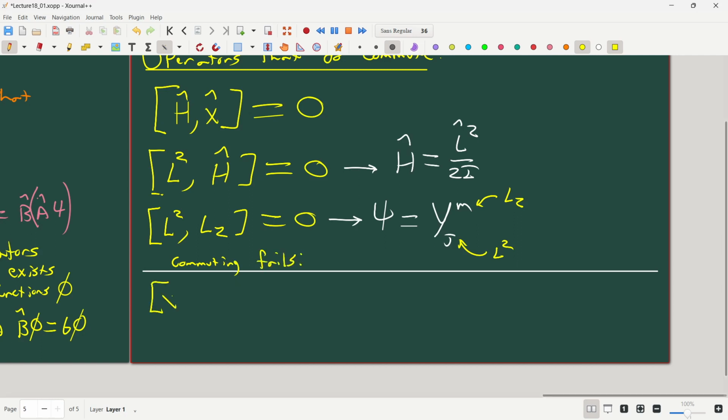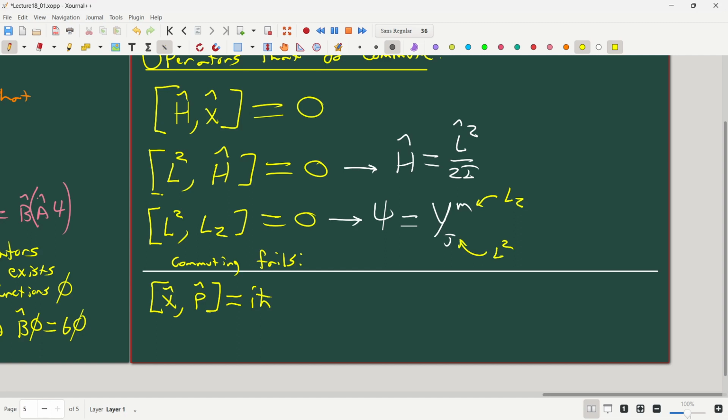One of them is momentum and position. We've talked about this before. You can't know momentum and position simultaneously. Once you know one, you lose the other. We talked about this in homework 1 and in a particle in a box. And when you do the commutator, they differ by i h bar.